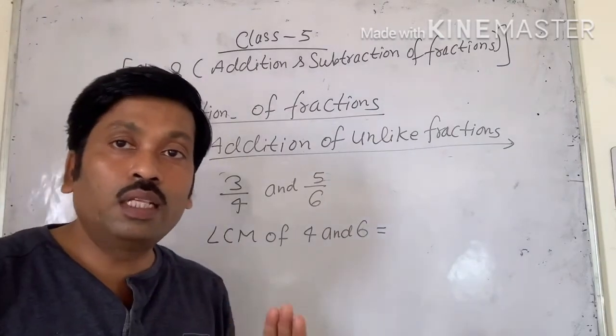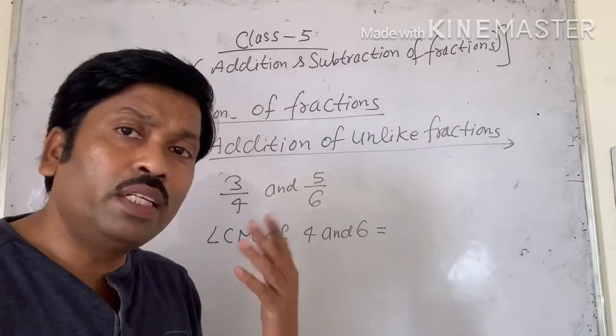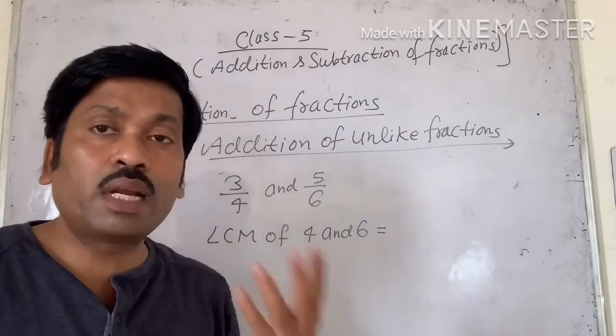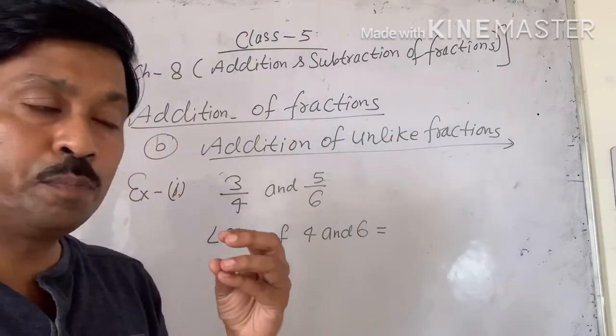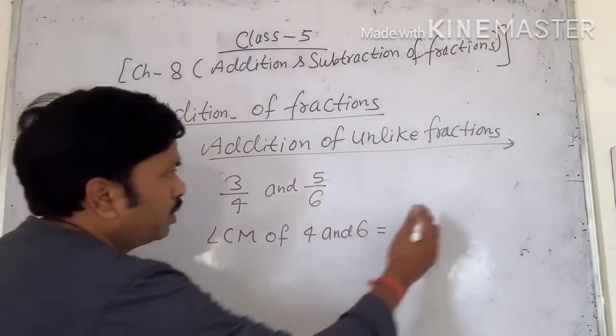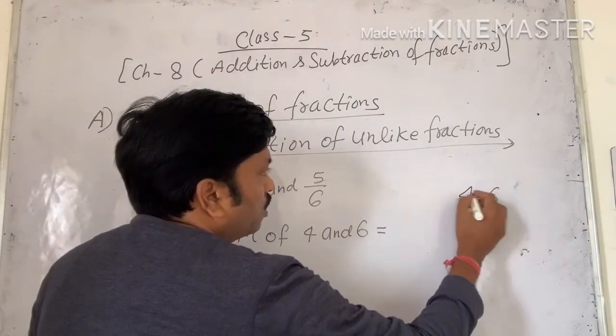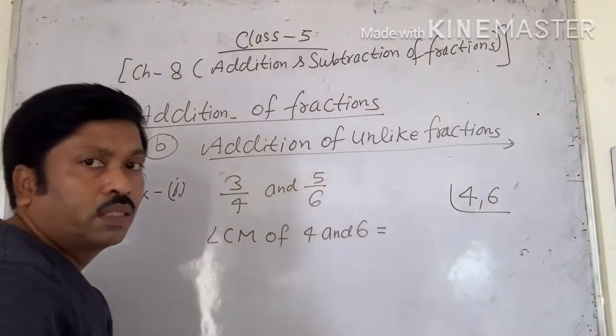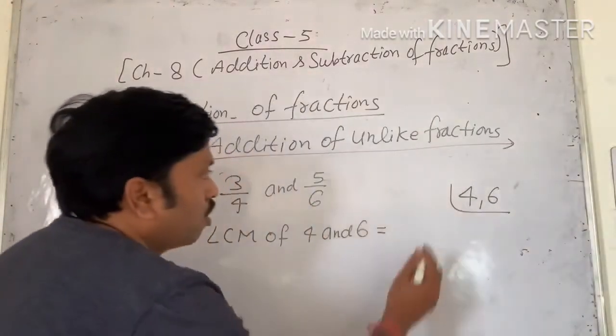We can find the LCM by using many methods, such as the subtraction method, the prime factorization method, and so on. But in this question, we will find the LCM by using the shortcut method of division.